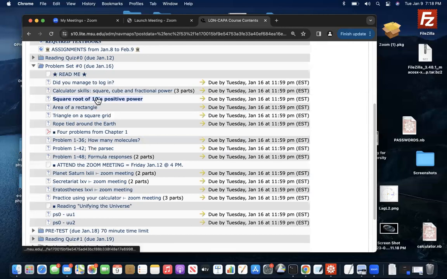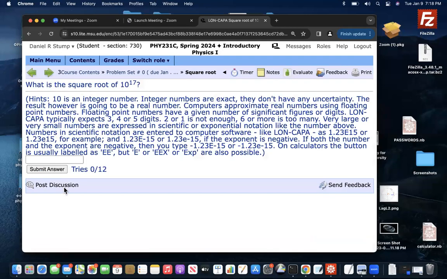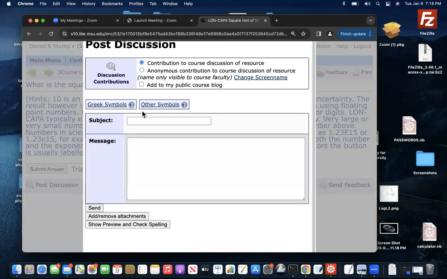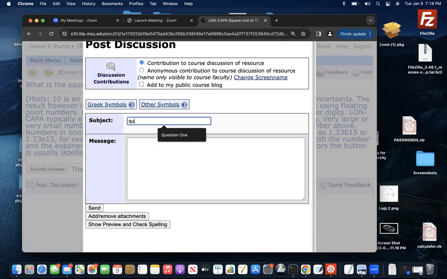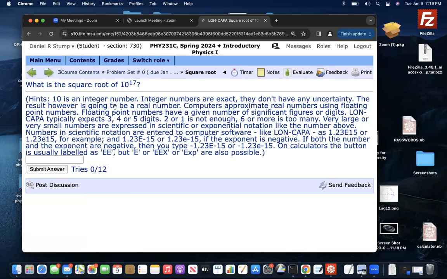square root of 10's power, well, it doesn't show it, but you'll see a little bubble over here which shows that there was a question. For some reason that didn't get posted here. I don't know why. Send. Oh, I didn't put in a message.